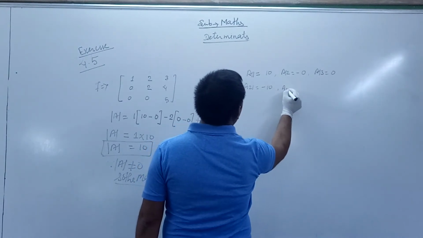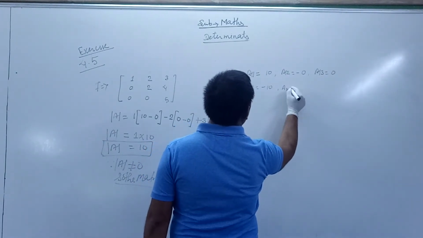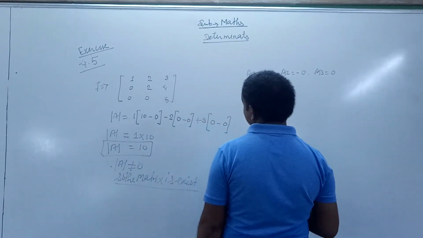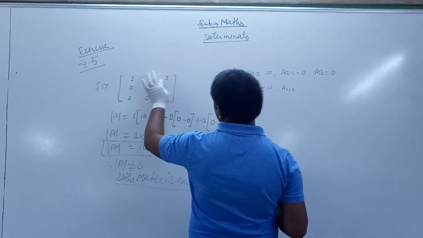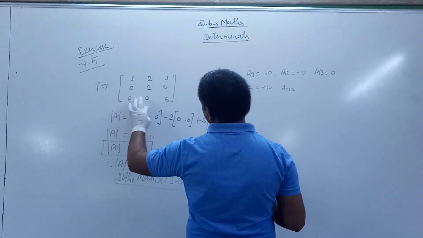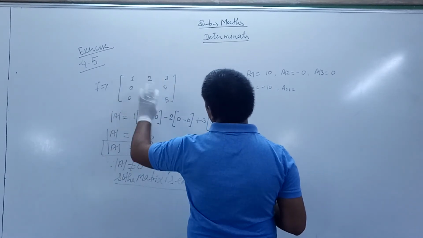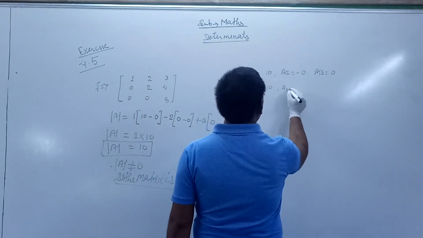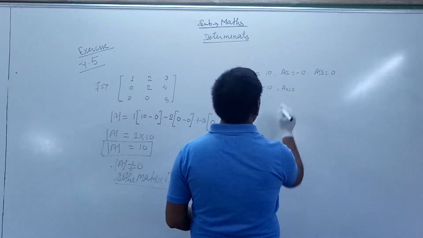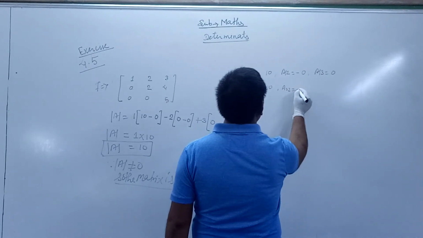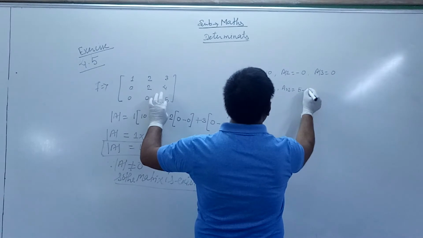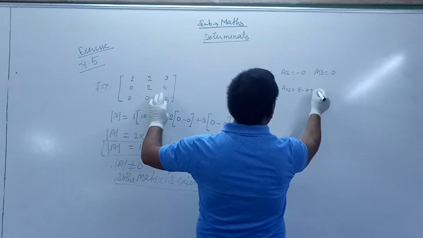Next A22: you remove the second row and second column, so 1 5s are 5 and 0 3s are 0. 2 plus 2 is even, so the sign is positive, and 1 5s are 5 minus 0 is equal to 5.